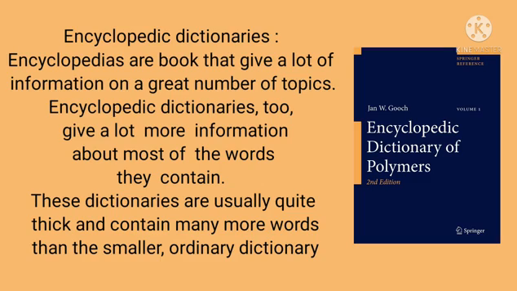These dictionaries are usually quite thick and contain many more words than the smaller ordinary dictionary. So students, this dictionary gives a lot of information on various topics and is quite thick, containing many more words than the smaller ordinary dictionary.